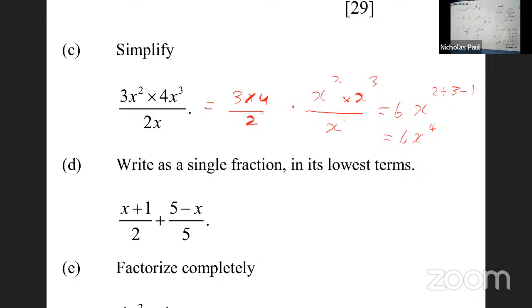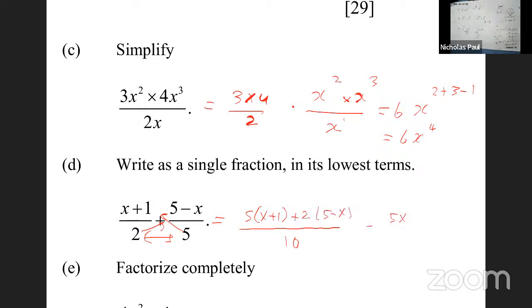All right, that's now coming. Let me check it here. Right here, you find the LCM. 2 by 5, that's 10. So you multiply 2 by 5, that's 10. Then 5 by the top, 5 by x plus 1, 2 by 5 minus x.